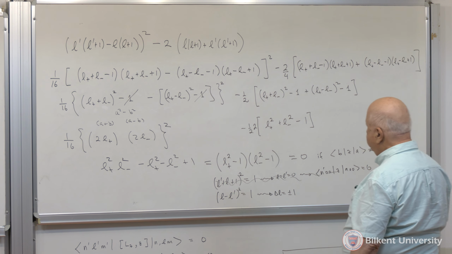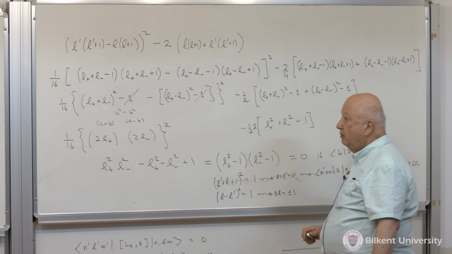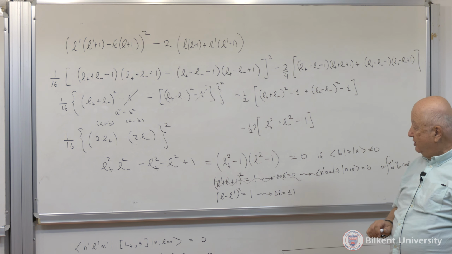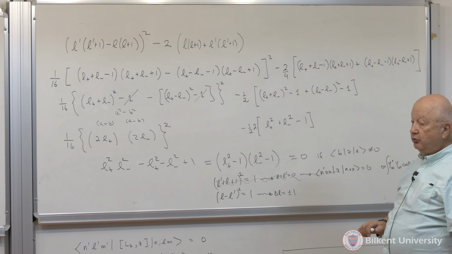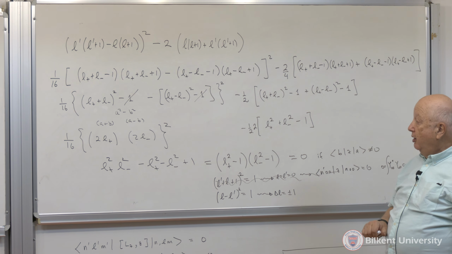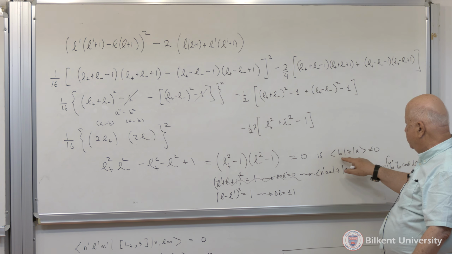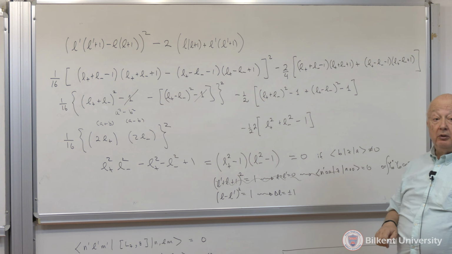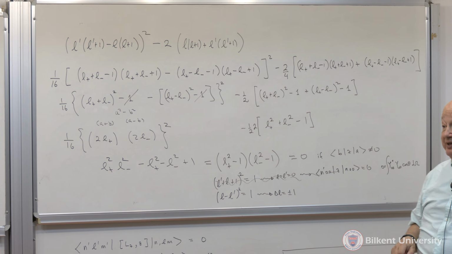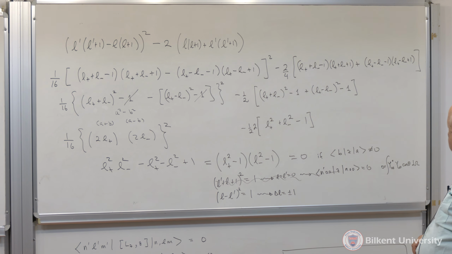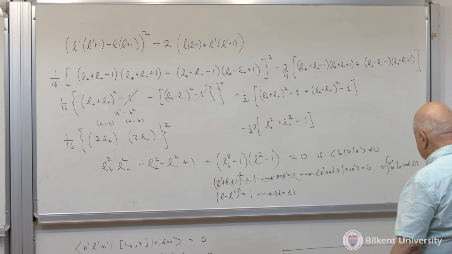So the proper case is just delta L has to be equal to plus or minus 1. For this dipole type transition, the type of transition in which we have the expectation value of z be non-zero, we have those three conditions that we have seen.